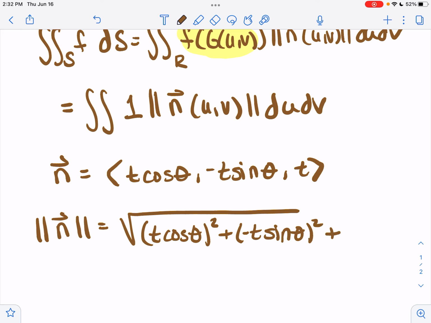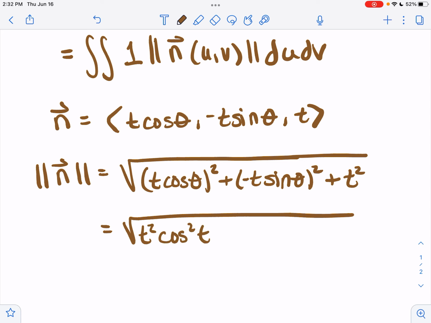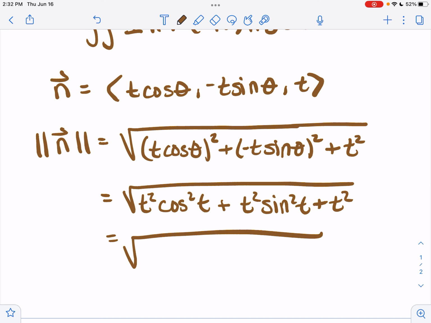squared plus t squared, and that's the square root of t squared cosine squared theta plus t squared sine squared theta plus t squared. Factor out the t squared in each term, and we have cosine squared theta plus sine squared theta plus 1.